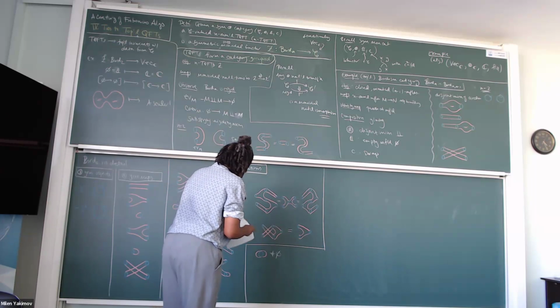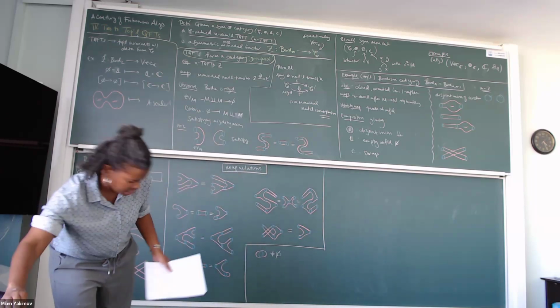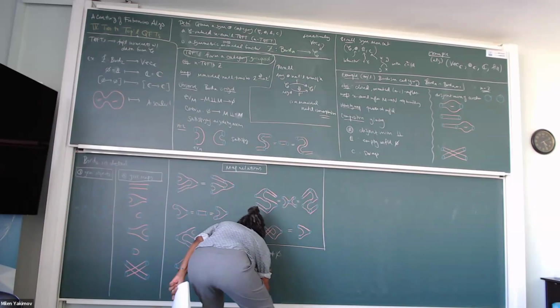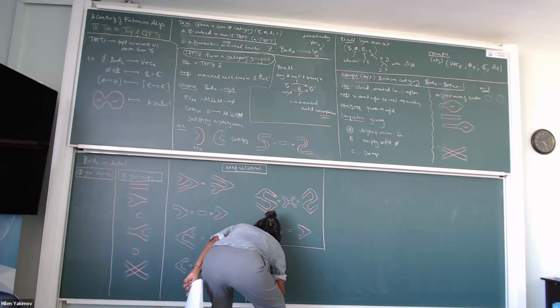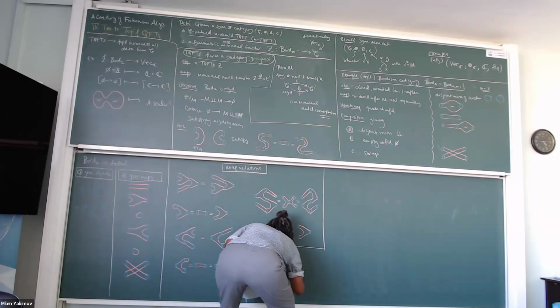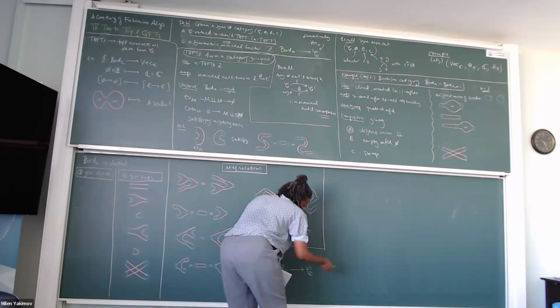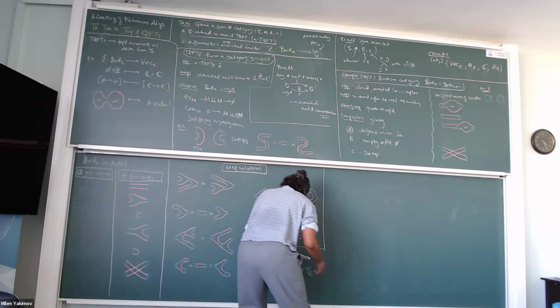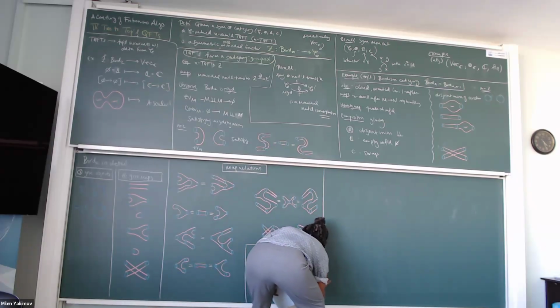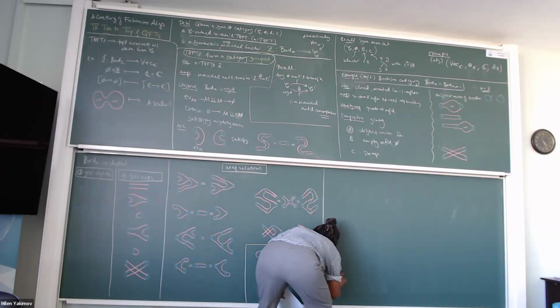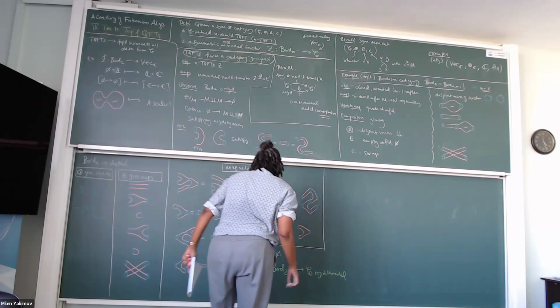So, remember that TQFT takes all of this topological information and sends it to something categorical, or in the case of that, something linear algebraic. Let's actually send it to a rigid monoidal category.